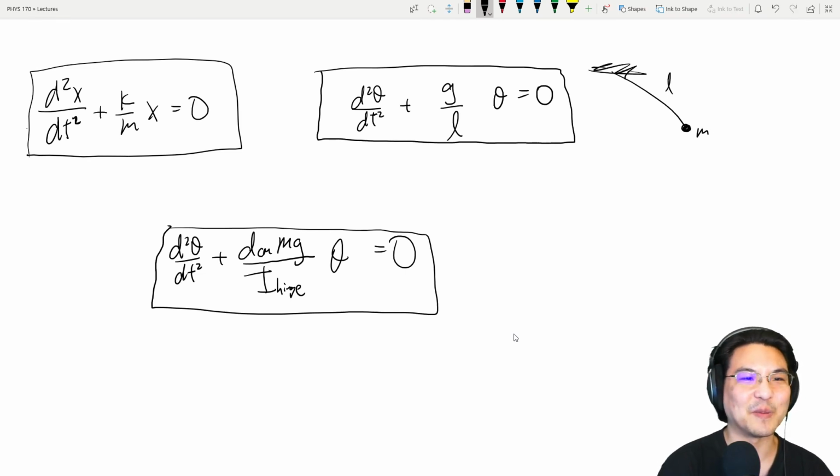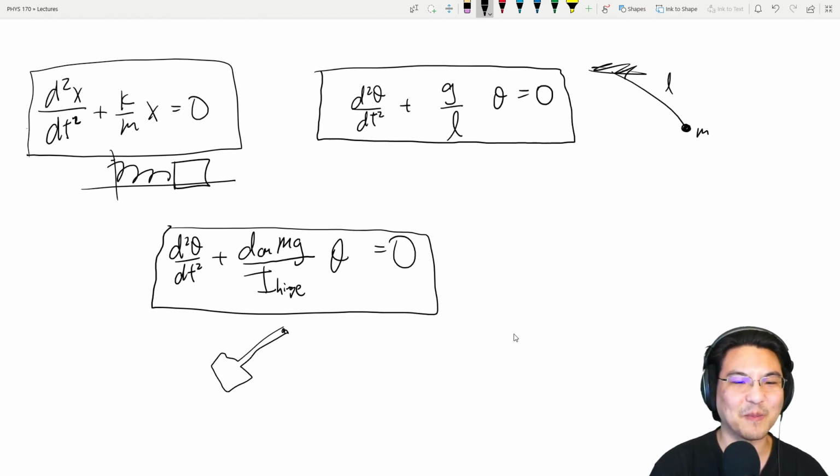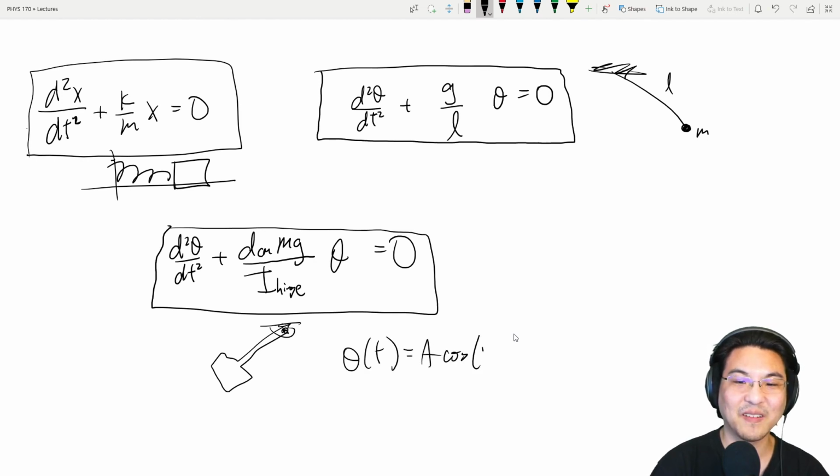This is the mass on the spring. And this is our physical pendulum, just some object that has some moment of inertia, some center of mass. And what is the answer here? Theta would be some sort of sinusoid. And then this angular frequency would be the square root of whatever is sitting right there.